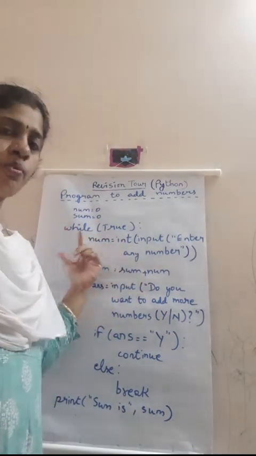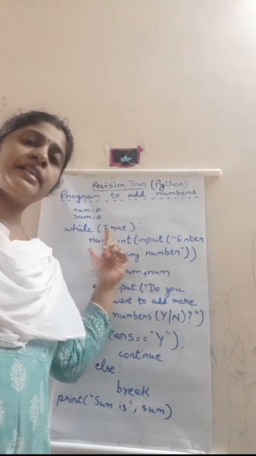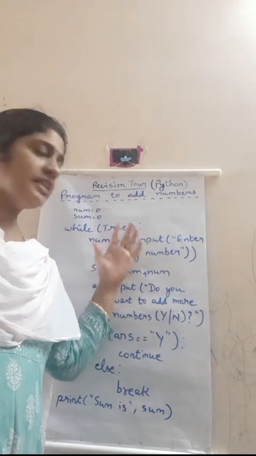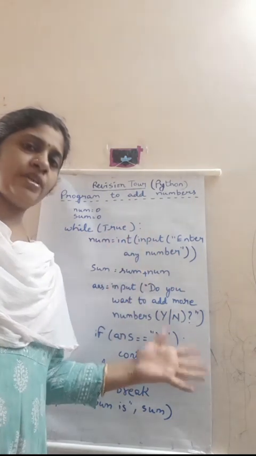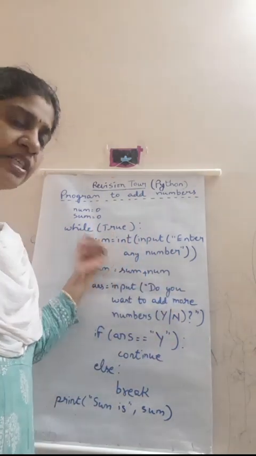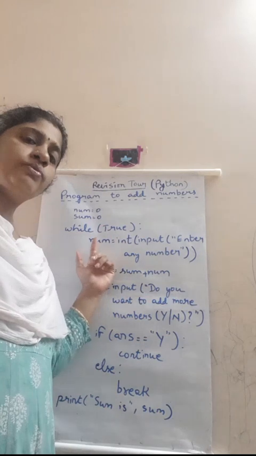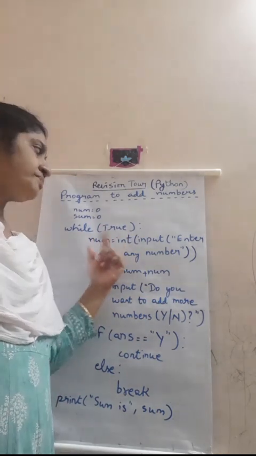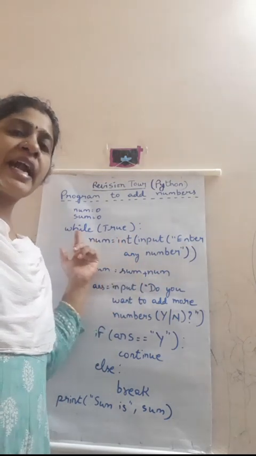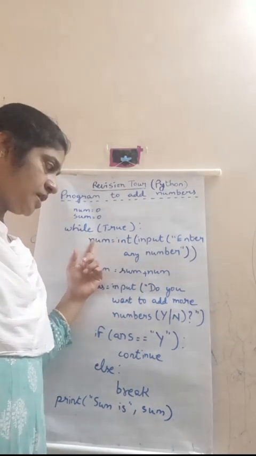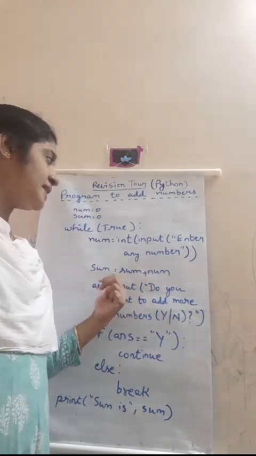I am running a while loop, and I have specified the condition True here. That means the loop will execute, as the condition is true. Now I am taking a number from the user, input, enter any number, and I am converting it into an integer and storing it in variable num, and I am performing the sum operation.